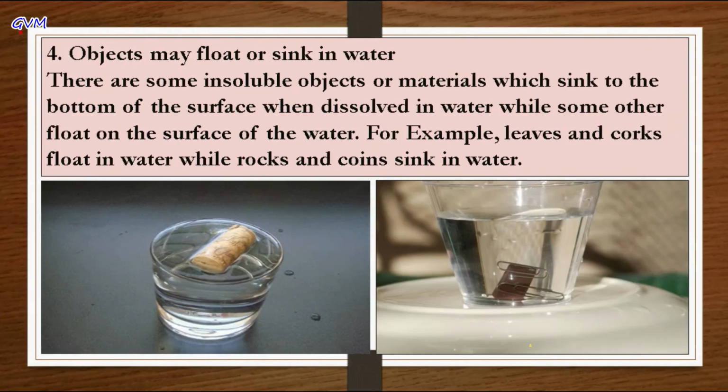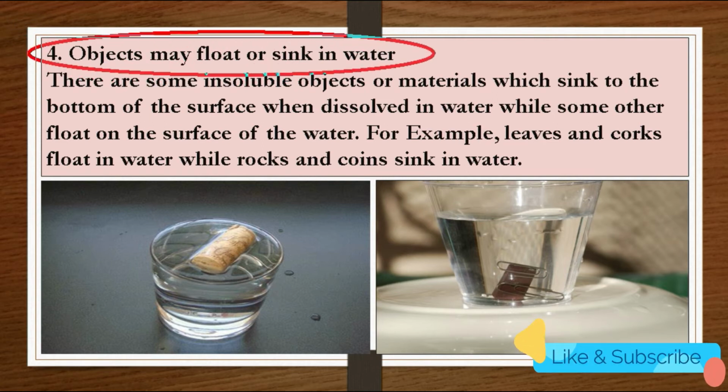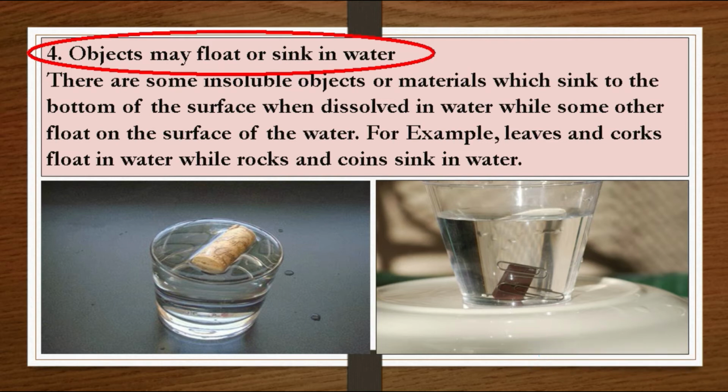insoluble. Now, the next property is that objects may float or sink in water. Students, you might have noticed that some materials float in water while some others sink. Materials like sand, sugar, salt, stone sink in water, while materials like dry leaves, wax, oil and wood float on water.